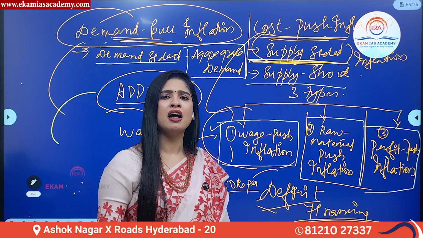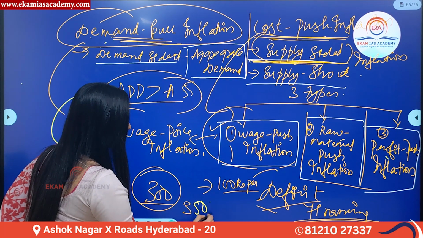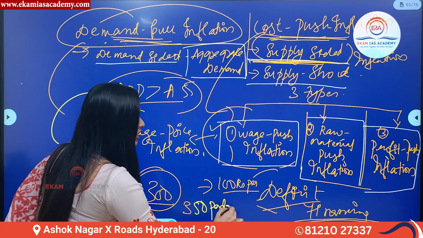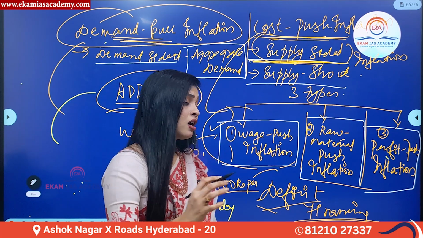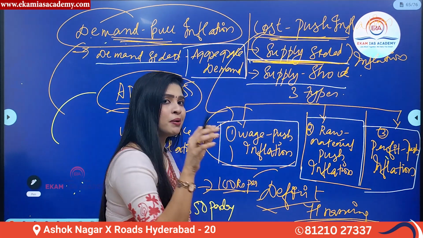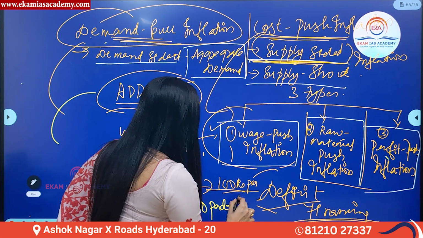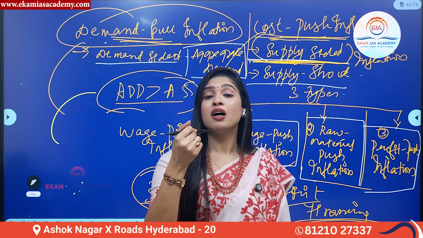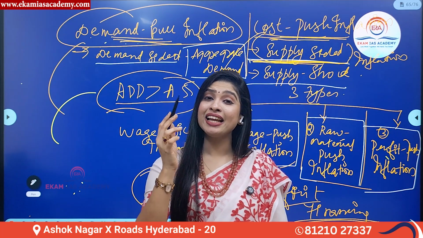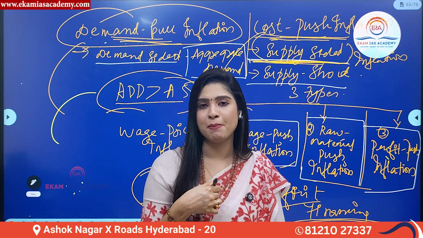I said done, I will increase your wages from 300 to 350 per day. No problem. Now what I will do, I am producing a cotton sari or some food grain. If it is 100 rupees per product or per kg, I will make it 150. Why? Because there is a rise in the input cost for me as a producer or as an employer.